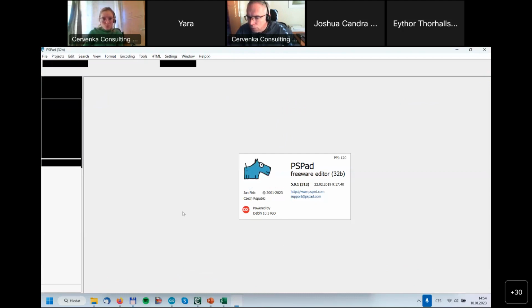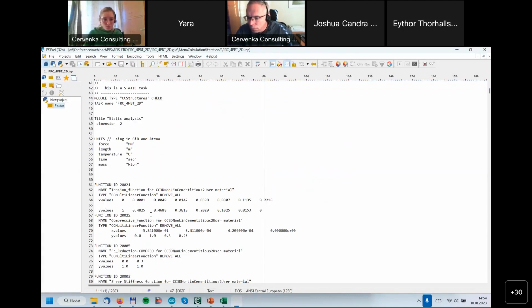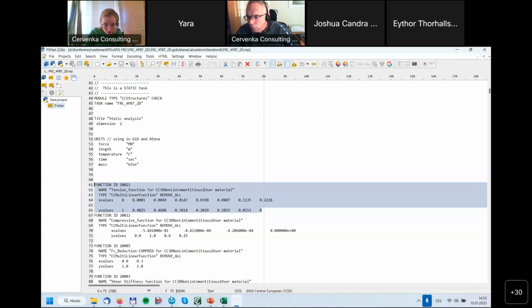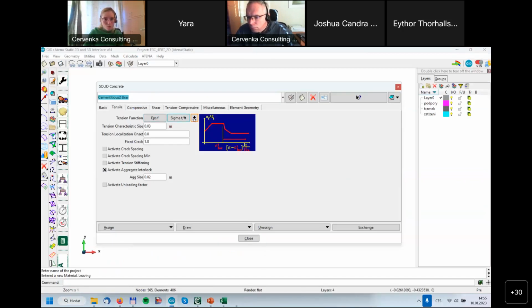You go to see the tension function, the latest one that is in here, and either you can copy this function to another INP file that you are using for another structure, or you can type these numbers into the GiD interface where I was at the moment. You can type it in here, and then you are using the optimized model.